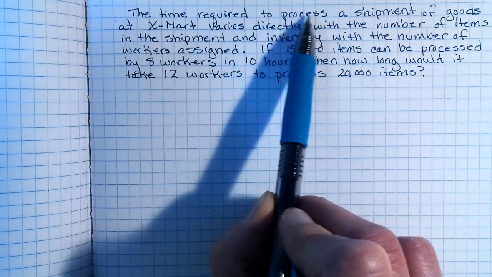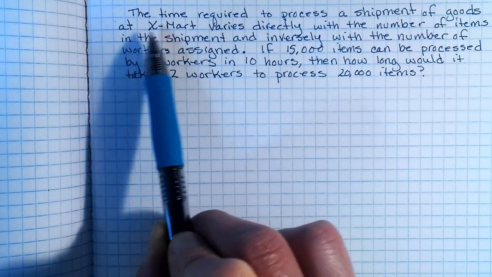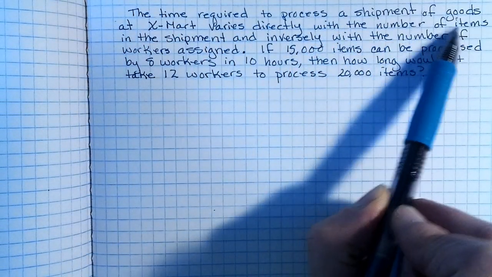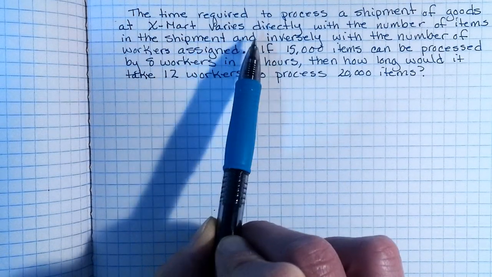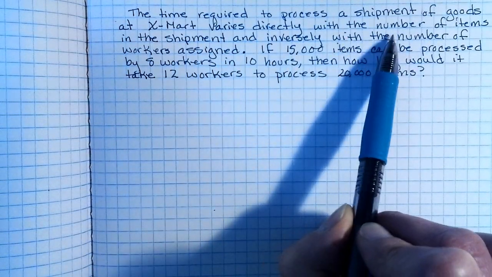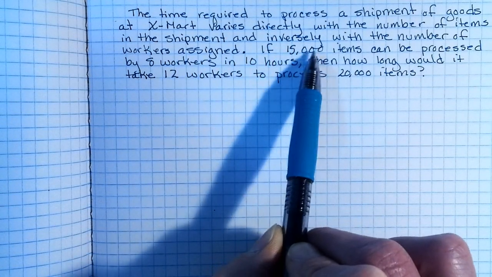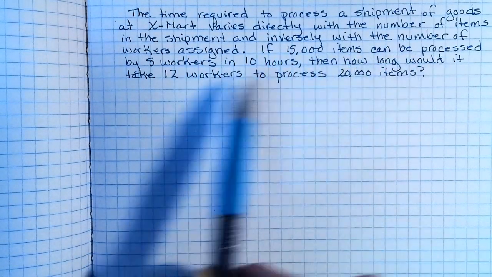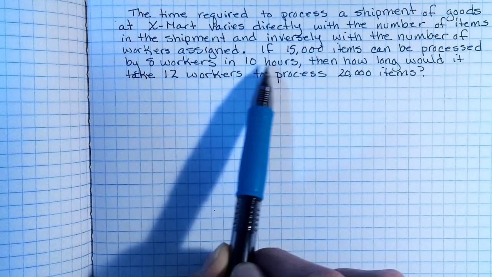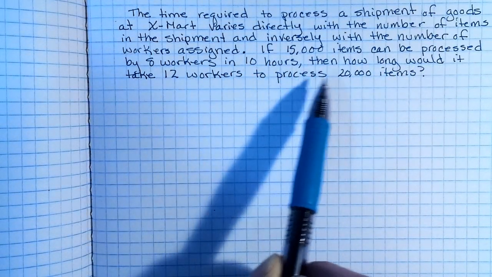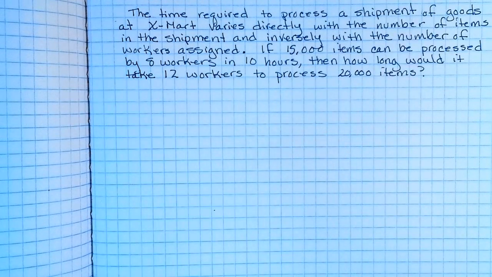The time required to process a shipment of goods at Xmart varies directly with the number of items in the shipment and inversely with the number of workers assigned. If 15,000 items can be processed by 8 workers in 10 hours, then how long would it take 12 workers to process 20,000 items? At first you might think, oh my goodness, this is so many words.